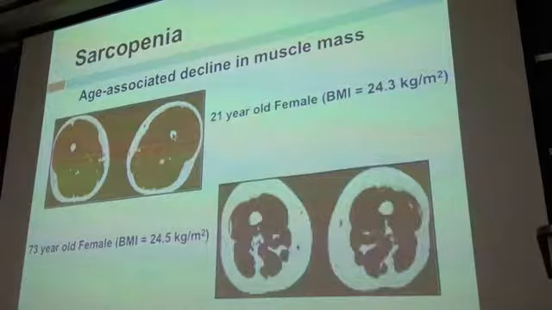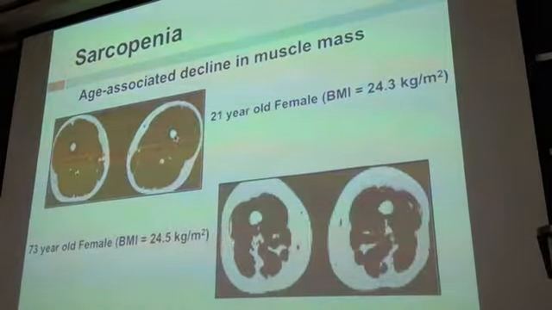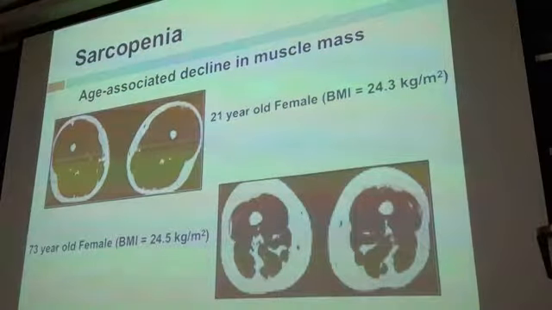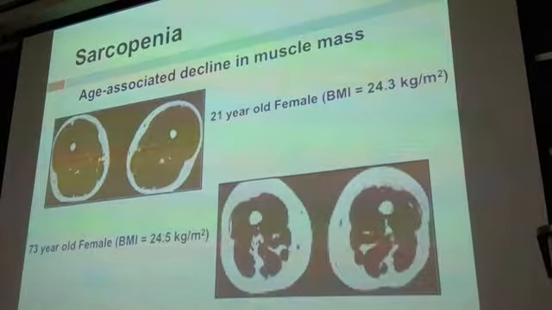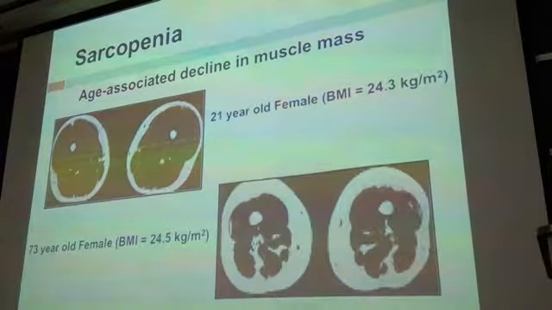Here's the femur, and the tibia and fibula, actually. But this is really illustrative of healthy muscles. And here's, again, unfortunately, a pretty typical older woman with the same body mass, which is not fat, it's not thin. There's a big change in the distribution of tissues in the leg.